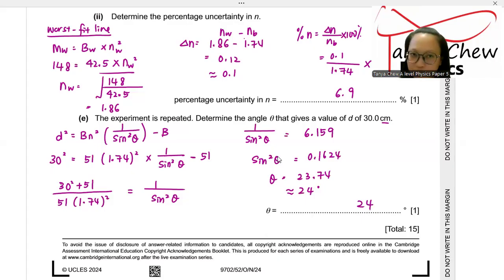So I suggest you turn to the second question first and answer it, because the second question is basically more on calculation. So you have to do more practice and finish answering the second question within 20 to 25 minutes. And the rest of the time will go to question number 1.